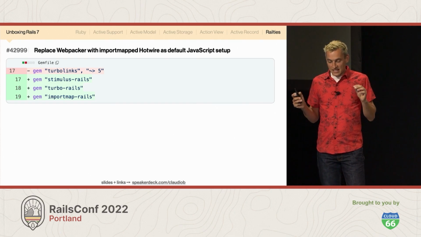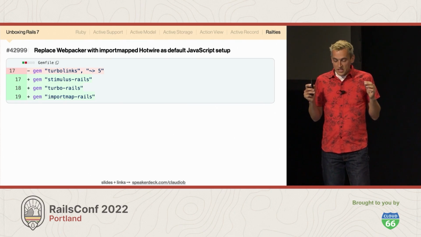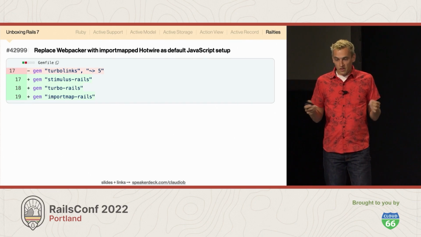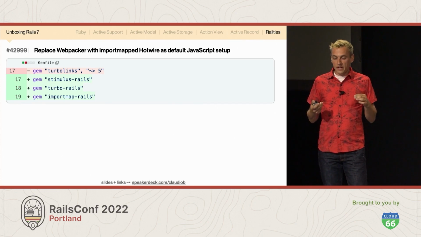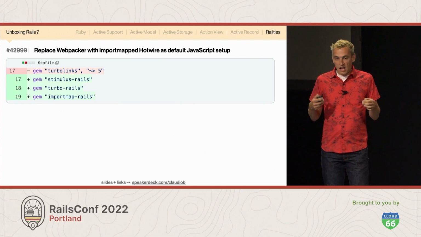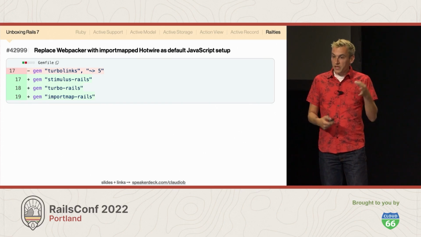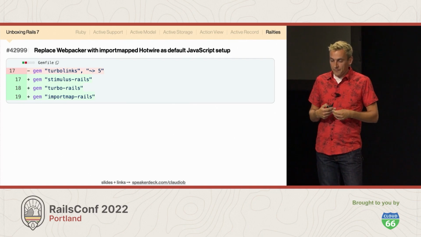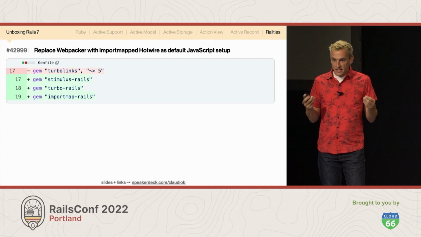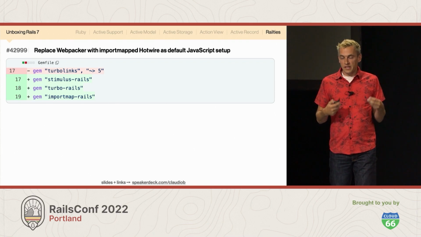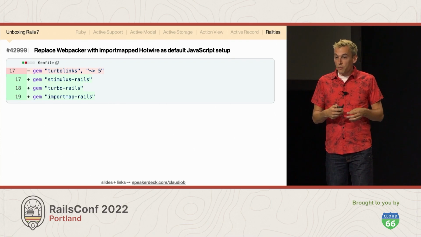Hotwire is a JavaScript framework that is the combination of Stimulus and Turbo, and it is actually written to support import maps with ES modules. So you can write JavaScript in this way, and there's no bundling step.